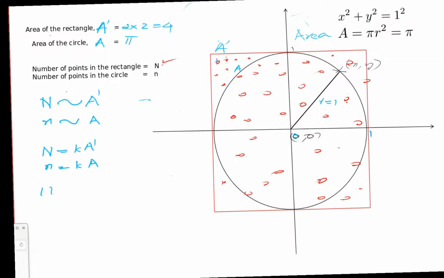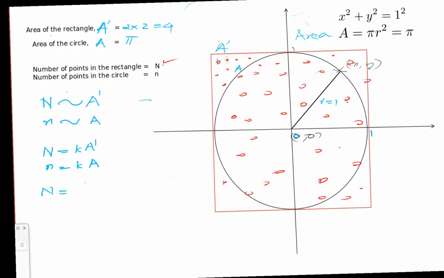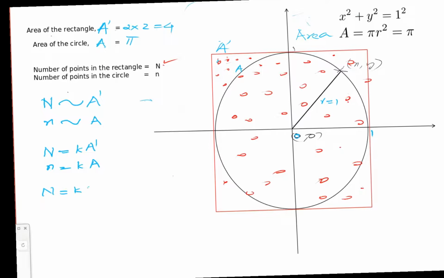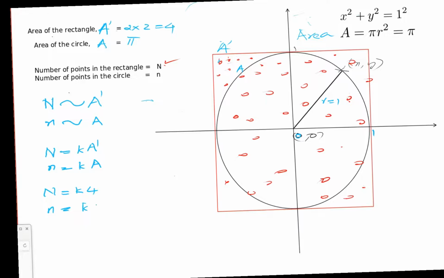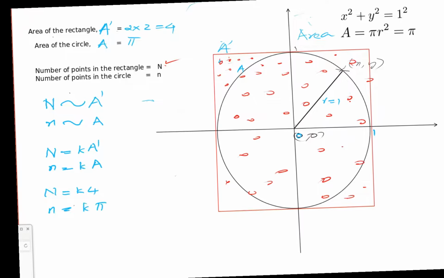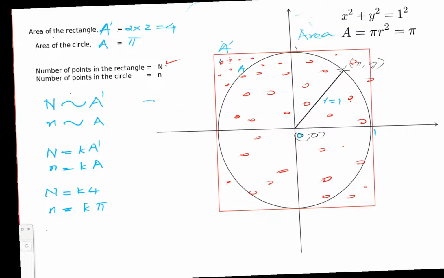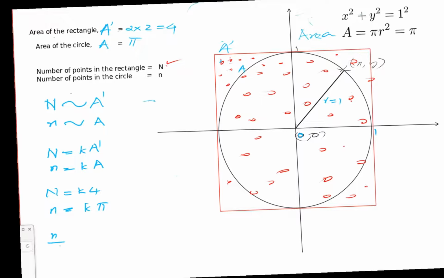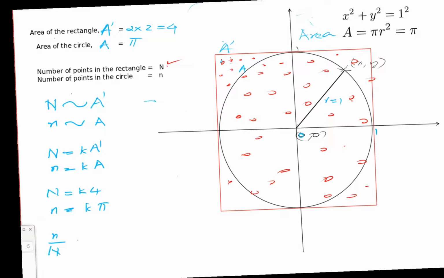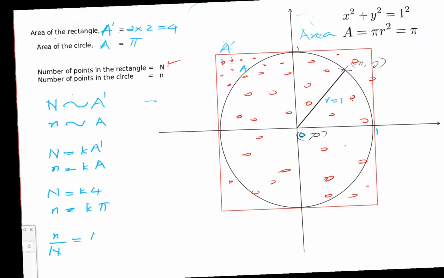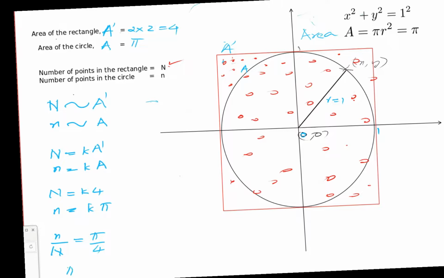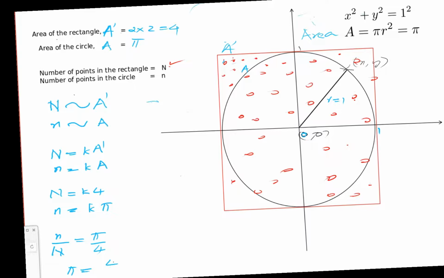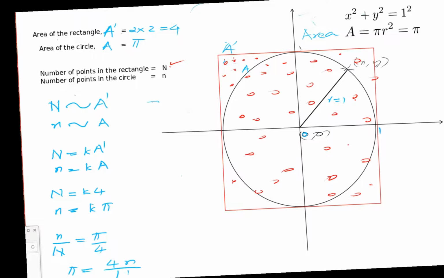So capital N is equal to k into 4. Then small n will be equal to k into pi. If you divide this equation by this one, we will get small n by capital N is equal to pi by 4, right? So pi will be equal to 4 small n by capital N.